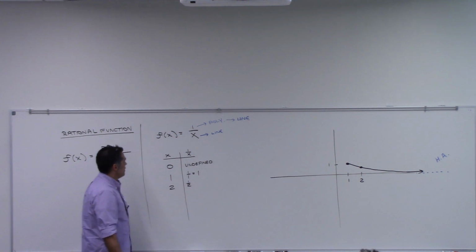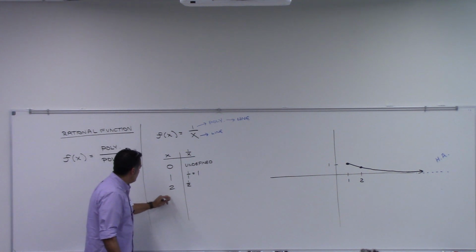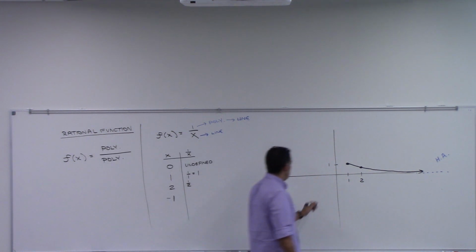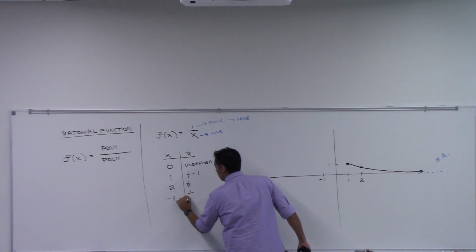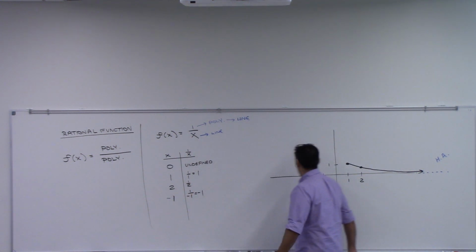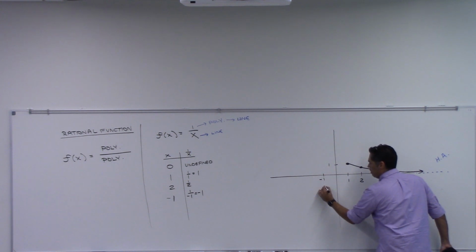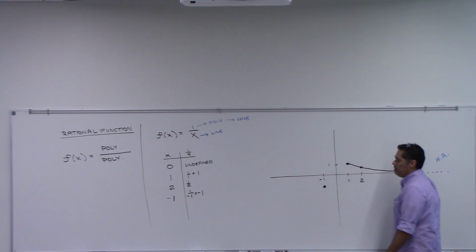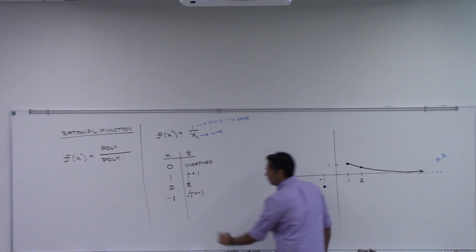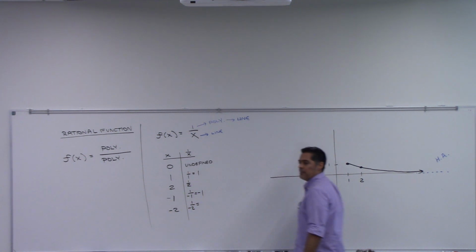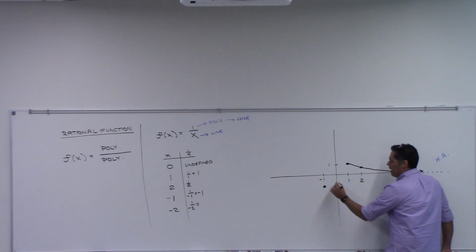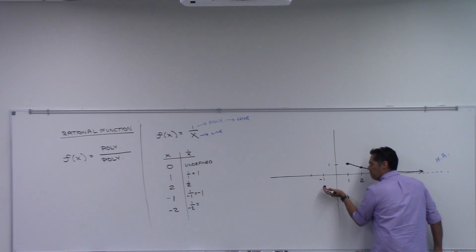All right, let's do some negative numbers. How about -1? So at -1, what would I get? I get 1 over -1, which is -1, right? So at -1, I'm at -1 right here. Okay, what about at -2? 1 over -2, that's -1/2, right? So isn't that like a little further up?